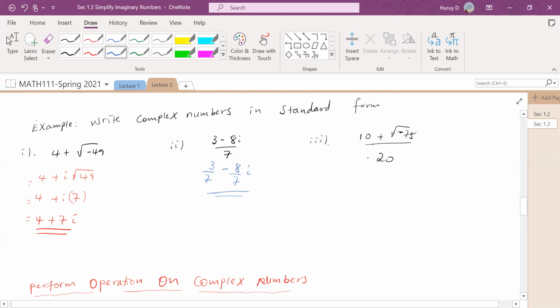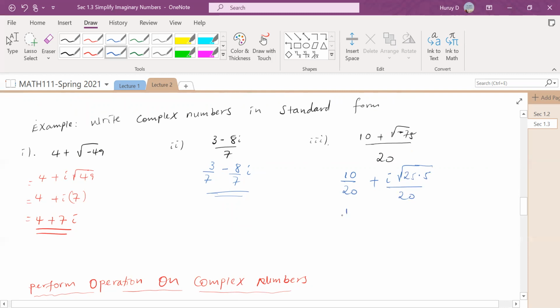Again, here we have both of them. We have to write this one in standard form, in terms of i, and then write it in standard form. So I will do both at the same time. 10 over 20 plus the top is i square root of 75, and 75 is 25 times 5, right, over 20.